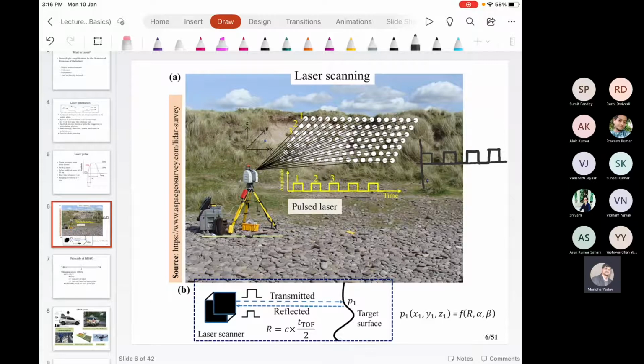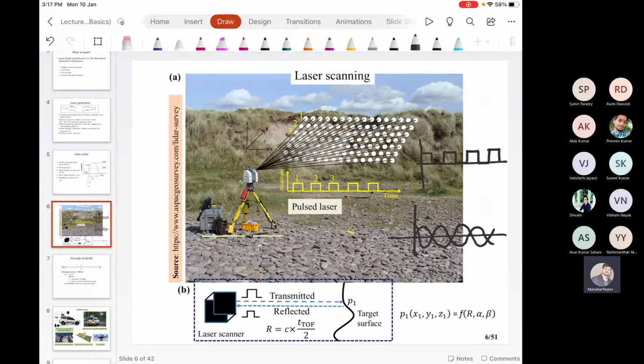And the second type is the continuous wave laser. Either in the form of a sinusoid or cosinusoid, the laser beam is generated. The difference between the pulse laser and the continuous wave laser is that in the case of a pulse laser, energy is confined only within a certain time interval, which we call the pulse width.